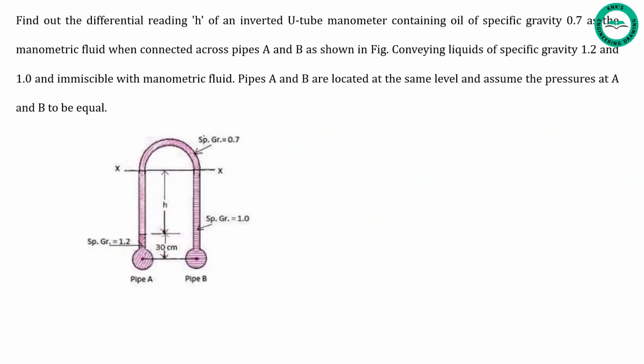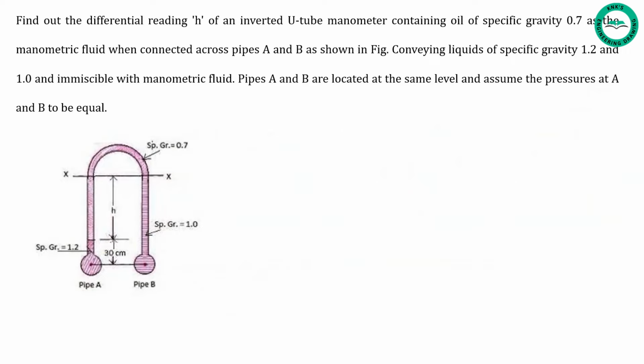Now, taking XX as a reference line, the pressure in the left limb can be written as PA minus 1200 into 9.81 into 0.3, that is height which has been converted from centimeters to meters, minus 700 into 9.81 into h, where we need to calculate the height.